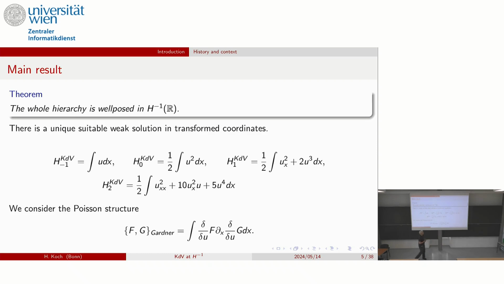The first Hamiltonian is the energy of KdV, and the second, the energy with second derivatives, leads to a fifth order equation. And we have the Poisson structure, the typical Poisson structure for functions on Schwartz functions, and there's this expression with a variational derivative.